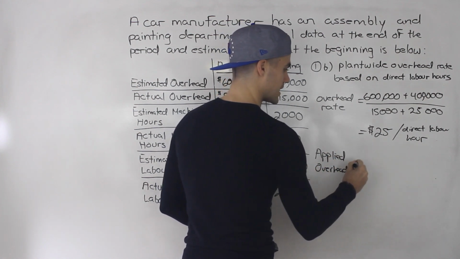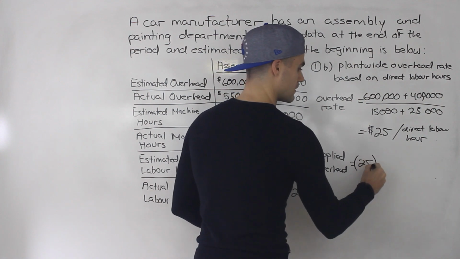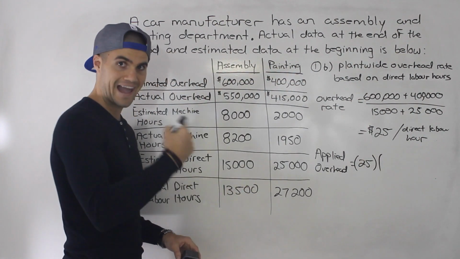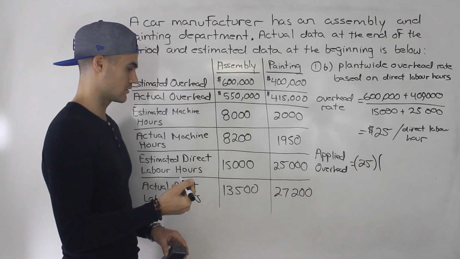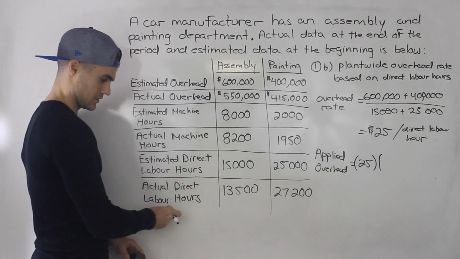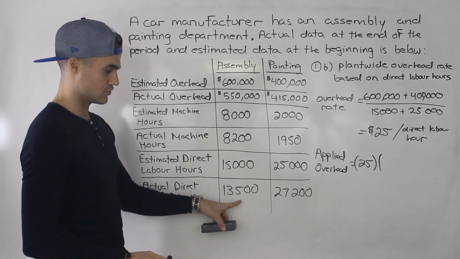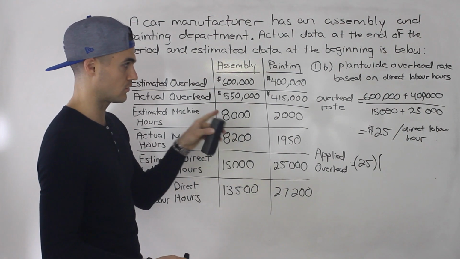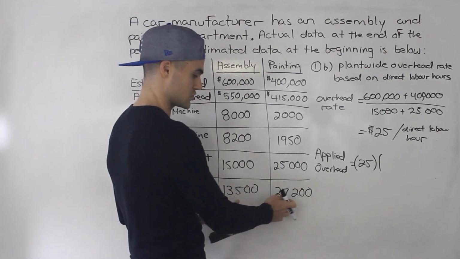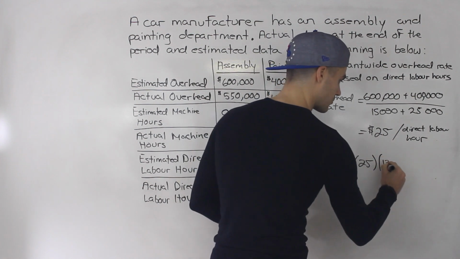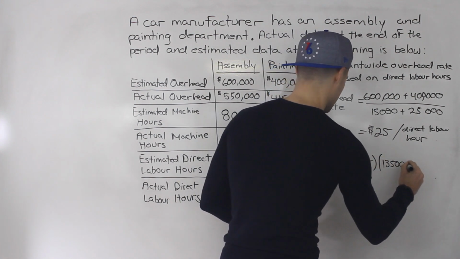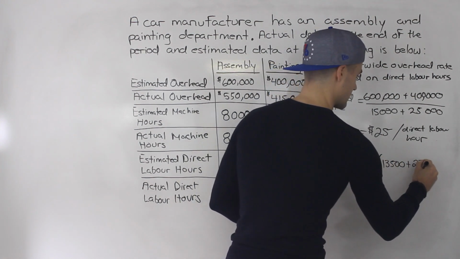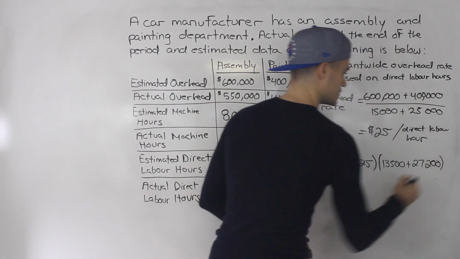The way we do that, we take our rate, 25, and multiply it by the actual amount of the cost driver that happened. The actual direct labor hours are 13,500 for the assembly and 27,200 for the painting. We total these up in a separate bracket: 13,500 plus 27,200.